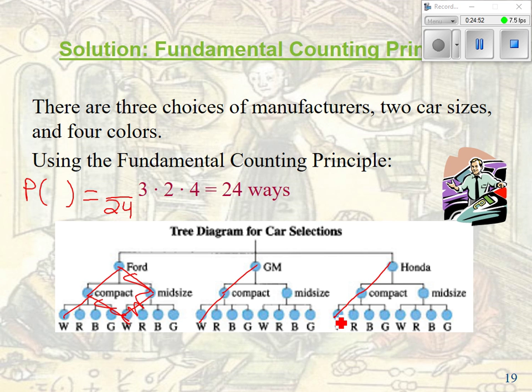Then we can see there's only 3 possible ones that we could pick and get that top number.